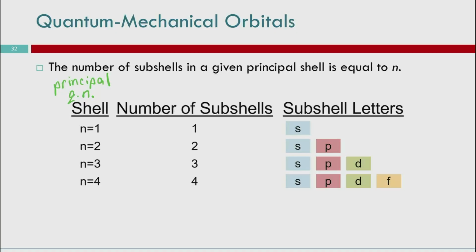It's the only one that we've got. When we get up to n equals 2, we've got s and p. So we've added those dumbbell shapes in addition to our spheres. When we get out to the n equals 3 shell, we add the d subshell. And when we get out to n equals 4, we add in the f subshell.